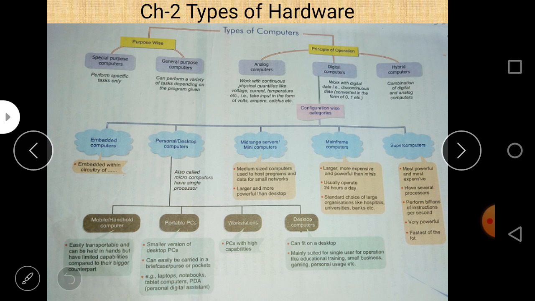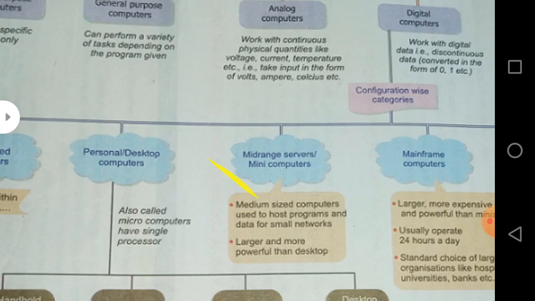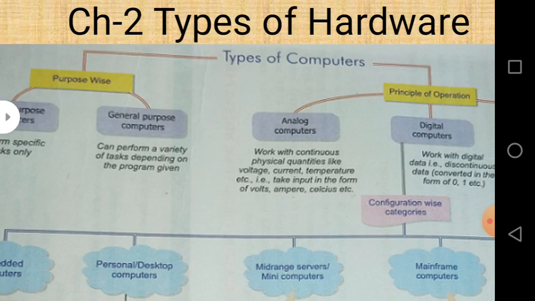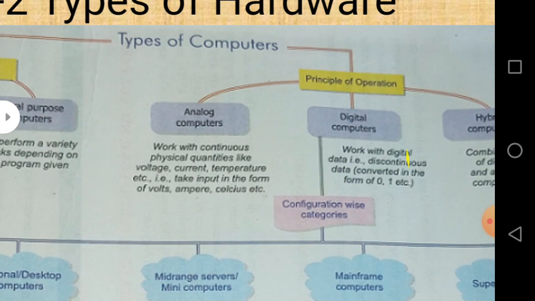This chapter starts with the topic types of computers, and there are different types of computers. We can easily see the classification. First of all, types of computer can be divided into two basic parts according to purpose, or according to the principles of operations.